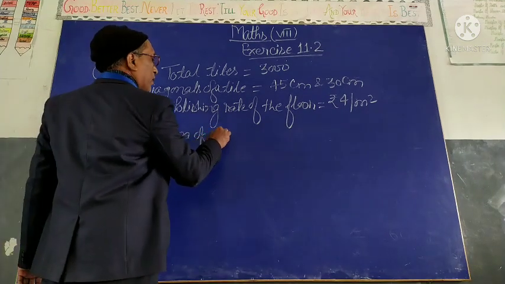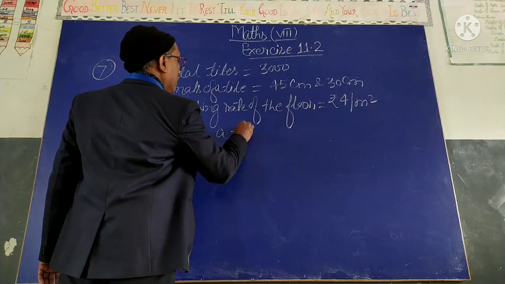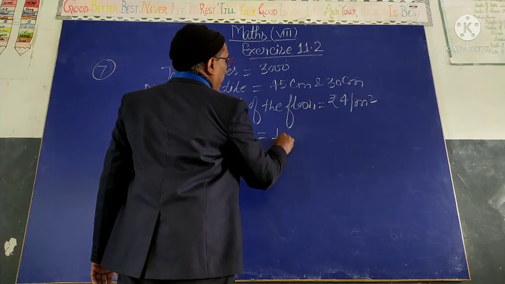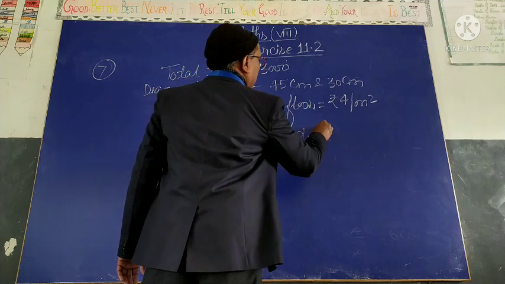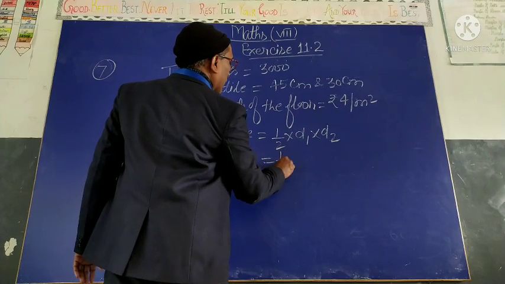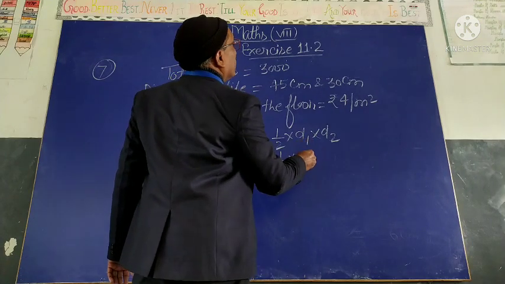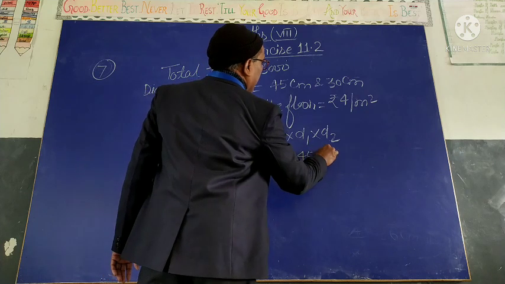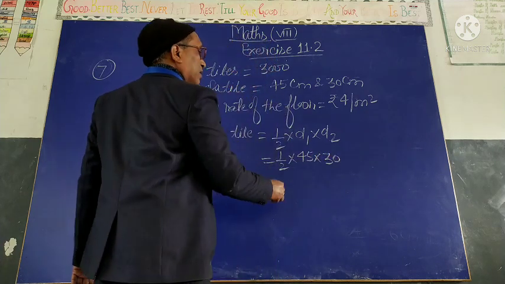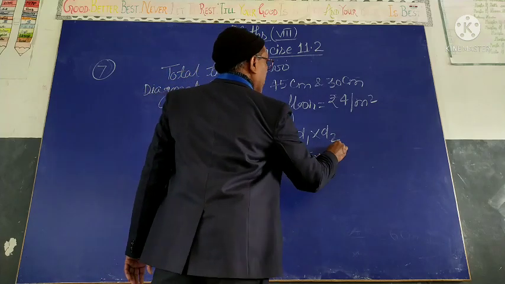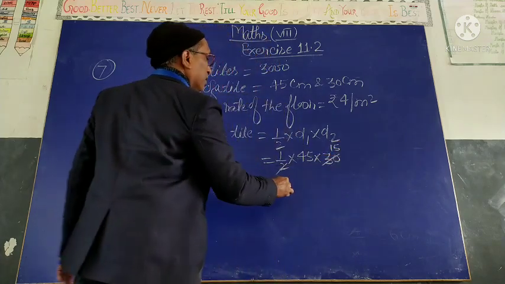Area of a tile is equal to 1 upon 2 into d1 into d2. You get 1 upon 2 into d1 is 45 and d2 is 30. When 30 is divided by 2, you get 15.